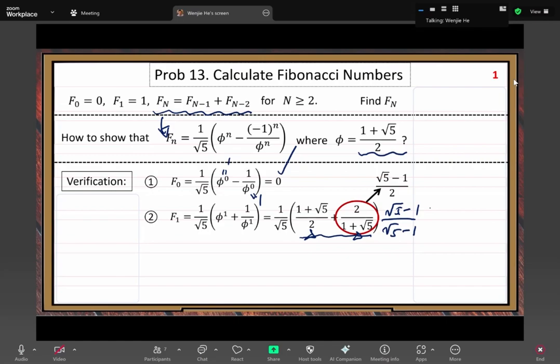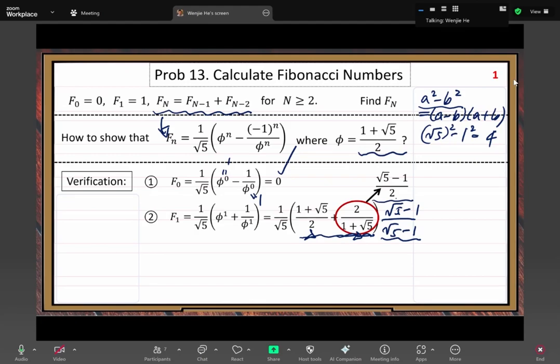Here we use the formula A squared minus B squared equals A minus B times A plus B. So root 5 squared minus 1 squared is 4, and the numerator becomes 4. Then 2 and 4, after cancellation, we get root 5 minus 1 over 2.